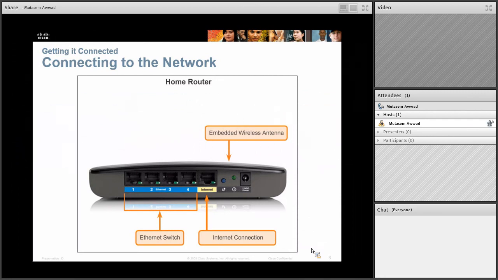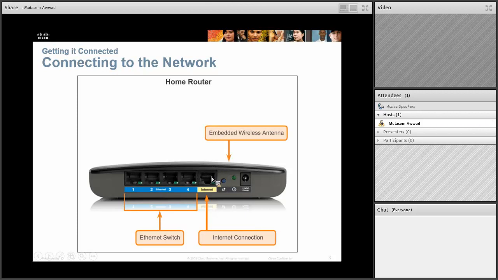All right, so let's start with, let's say you have a home router at home. Your internet connection goes from here to the cable modem, and your wireless router, this is your wireless router at home. The antennas are embedded inside the box itself.